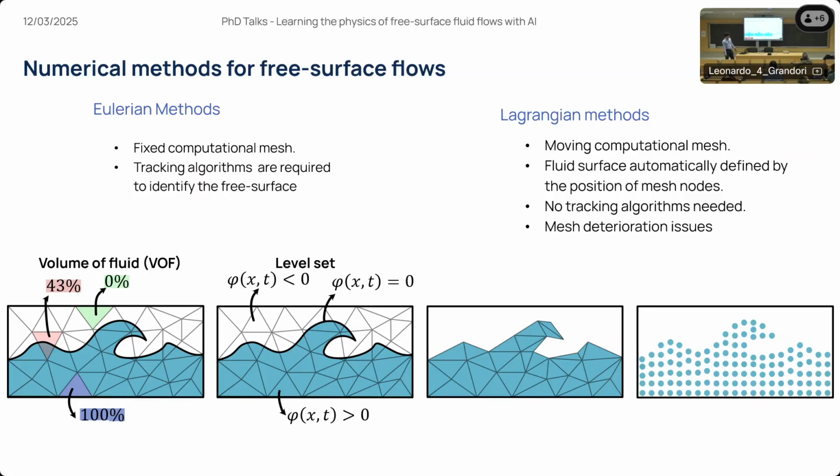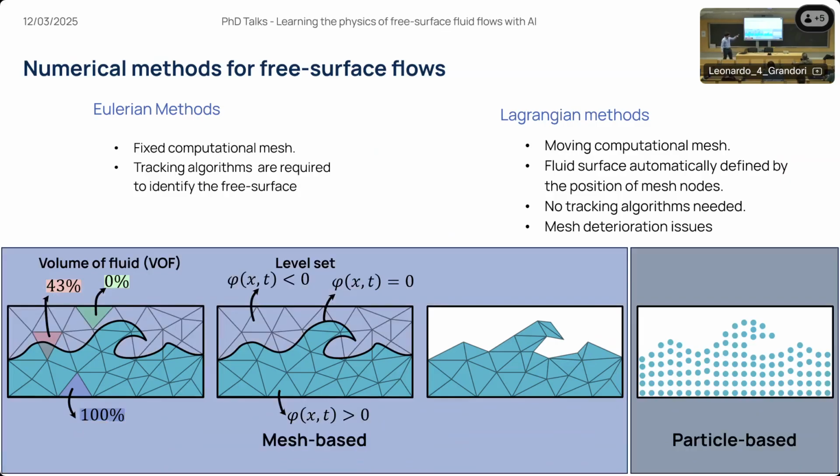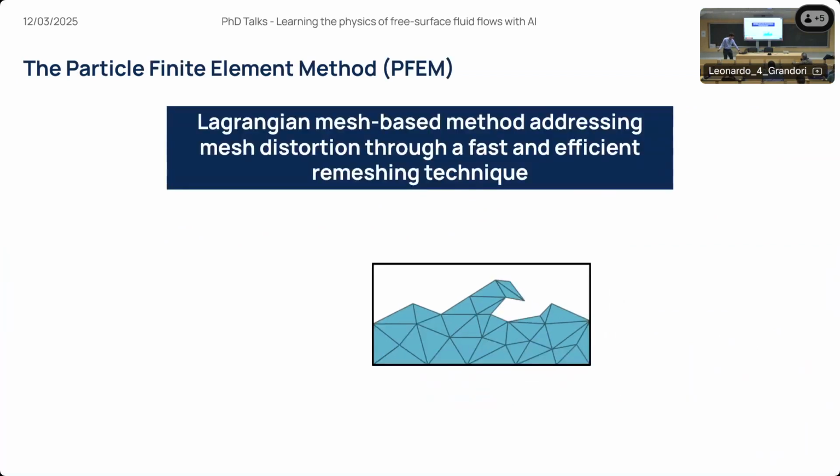And therefore, a possible choice is to have particle methods that discard the mesh and consider the simulation as an interaction of particles. And this creates another characterization: mesh-based against particle-based methods.